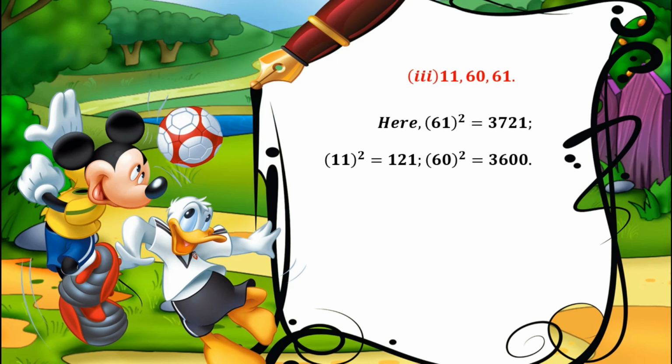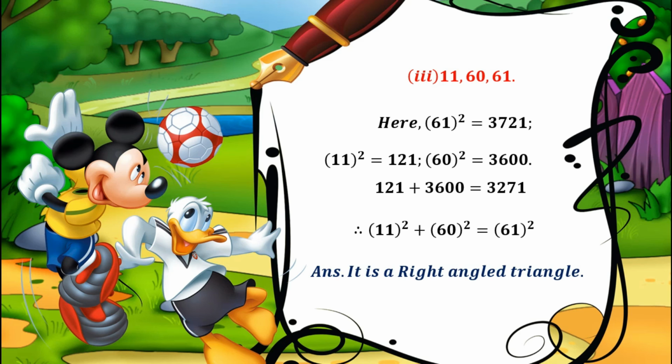Okay, so you will see here that 121 plus 3600 is equal to 3721. Okay, so it means that 11 raised to 2 plus 60 raised to 2 is equal to 61 raised to 2. It means that it is a right angled triangle. Okay, like this.